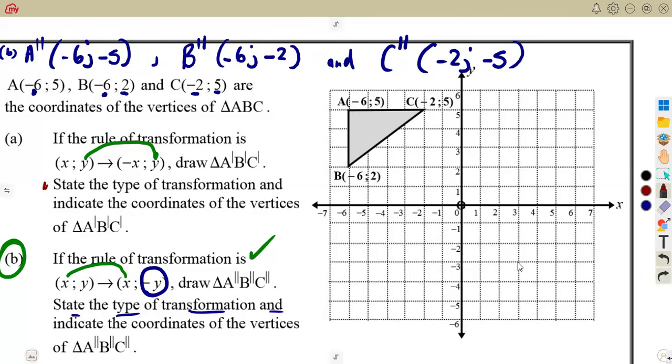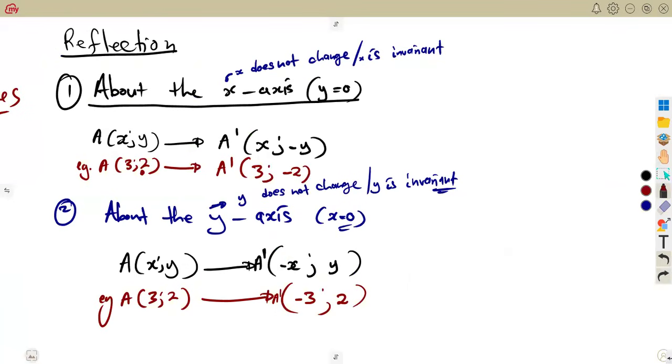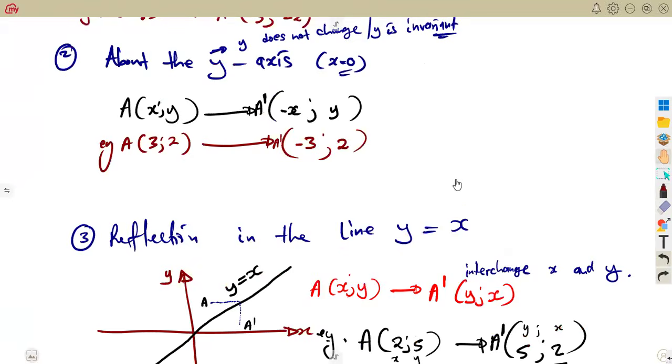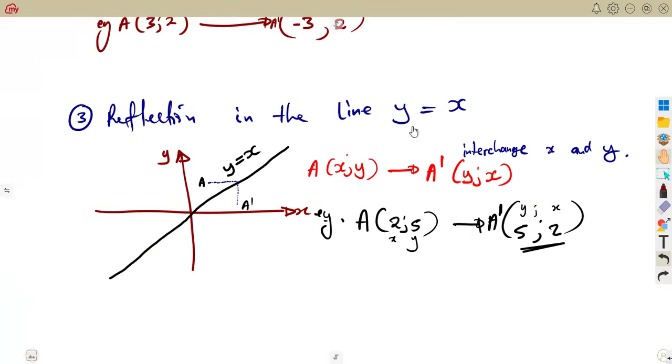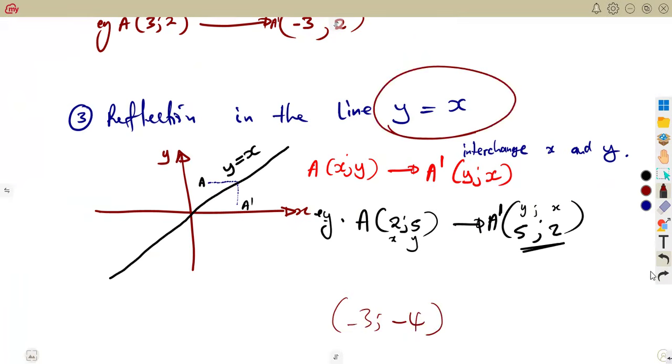So transformations can be anything. It can be for this one about what? Reflection in the line Y is equal to X. It can be like that. There you interchange the values. So if you are given the point, maybe it's minus 3, minus 4 like this, in the line Y is equal to X, you just interchange the points there. So it will be minus 4, minus 3.